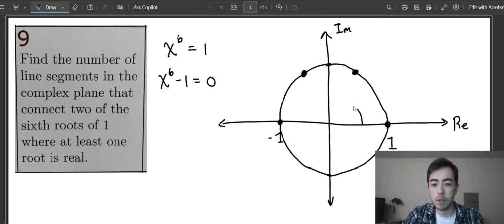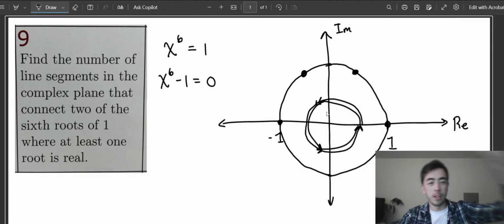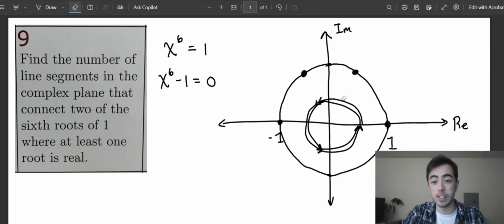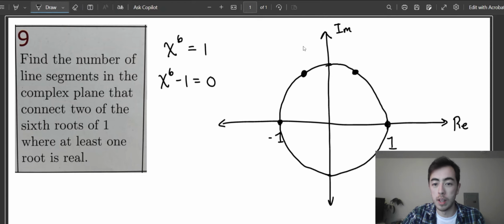You can imagine the rotation being 120 degrees this time, and that would be to the power of 1, to the power of 2, 3, 4, 5, 6. And then since I do 6 multiplications and I get back to the number 1, that is a 6th root. And then the other 2 are going to be hiding right here and right here.